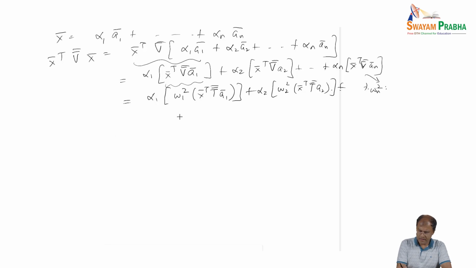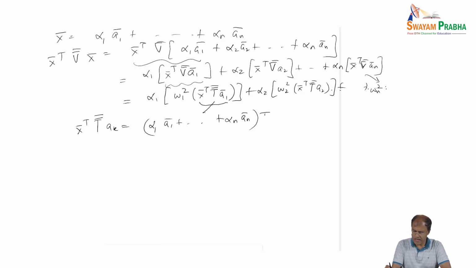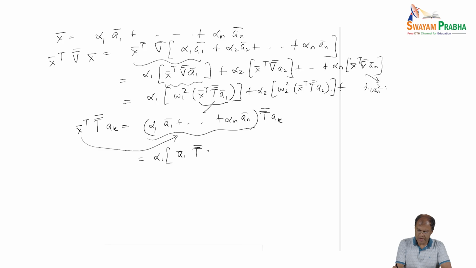Now notice this factor x transpose T ak. Here x can be written as alpha 1 a1 plus alpha 2 a2 plus alpha n an, so this is also equal to alpha 1 times a1 T ak plus alpha 2 times a2 T ak and so on, and the last factor will be alpha n times an T ak.